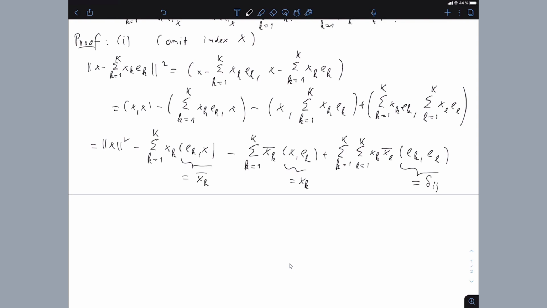And now we see, since this is delta ij, the orthonormality, this is only, no, not ij, kl. kl, of course. So this is one if and only if k equals l. So that means this sum here simplifies. So this double sum is just a single sum.